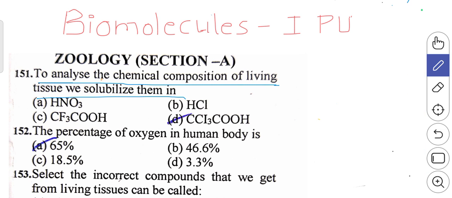In that experiment, we take a leaf, or we can take a liver. We can take a liver or a leaf. Then we will grind this leaf or liver with a chemical, that is trichloroacetic acid.